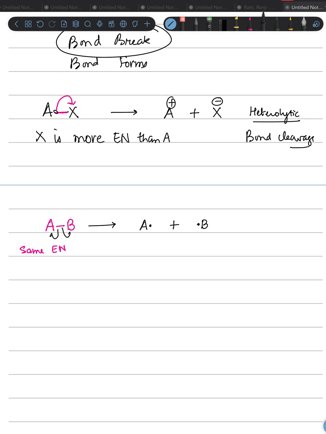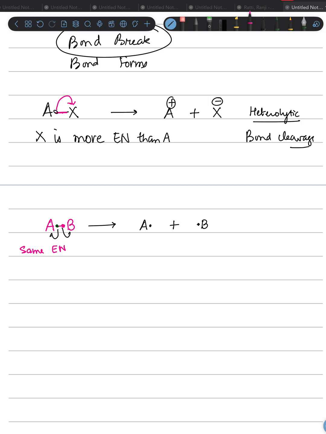It's just for the sake of understanding. So this green electron belonged to A and say this pink electron belonged to B, right? Once they have shared that, both the electrons belong to both A and B. But when you break that bond, each of the atoms takes away one of the electrons.